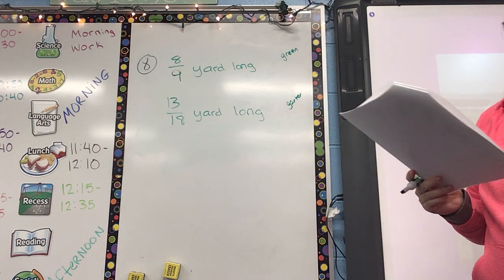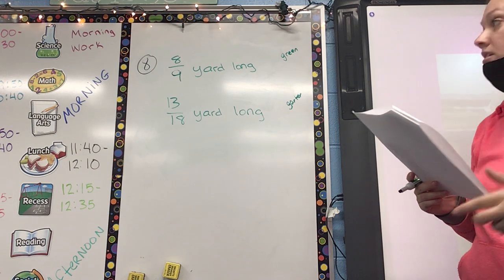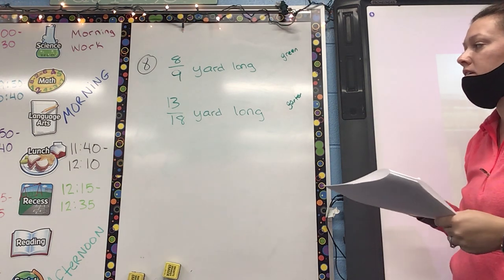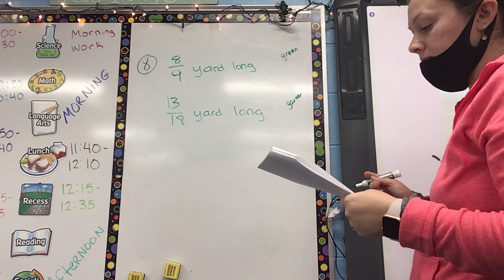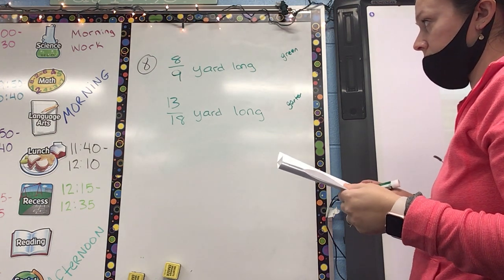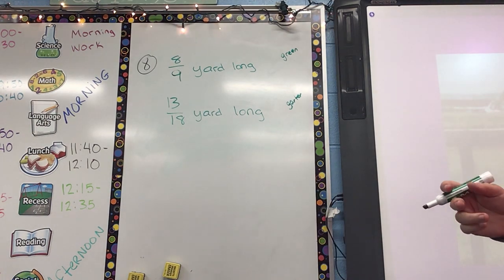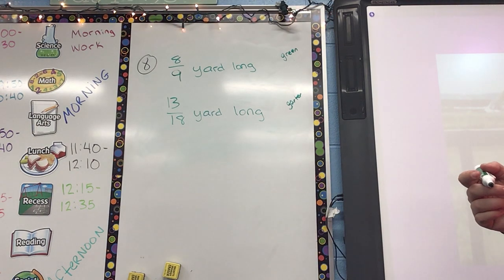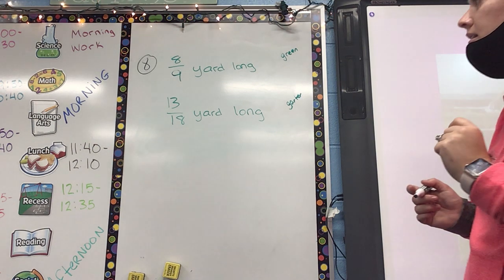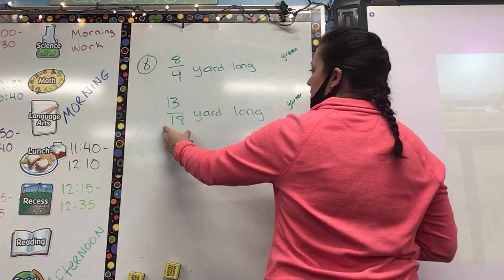They want to know how much longer the green snake is than the garter. What would be your computation to see how much longer this is? Subtraction. And what are you going to subtract? 8/9 minus 13/18. Ladies and gentlemen, don't be confused because these numbers are bigger.